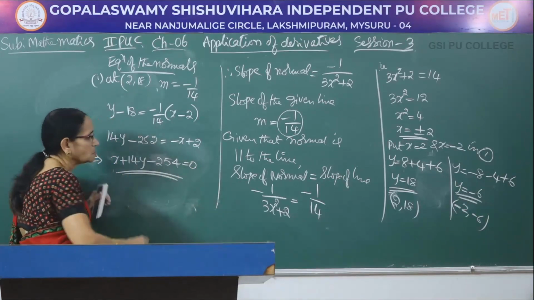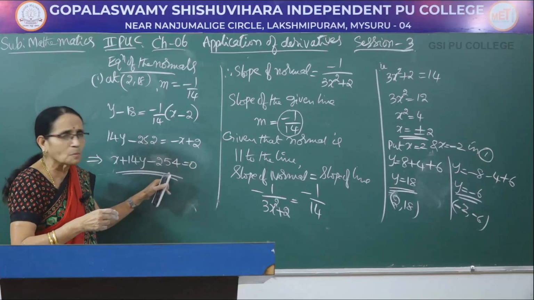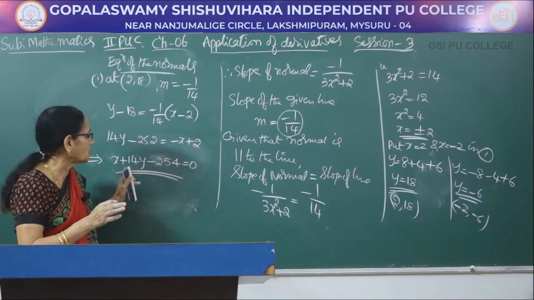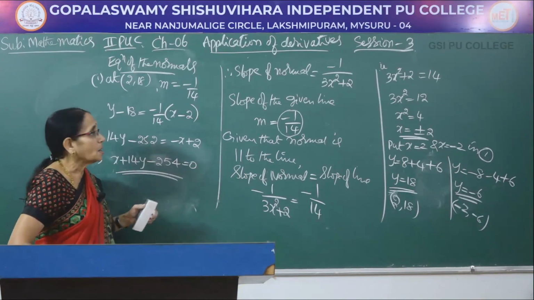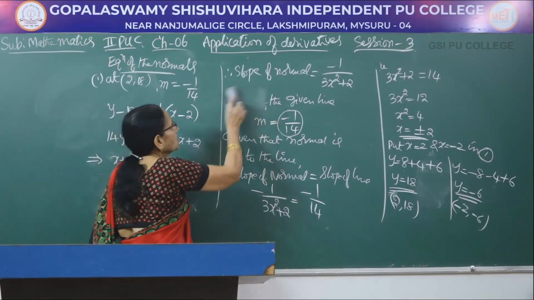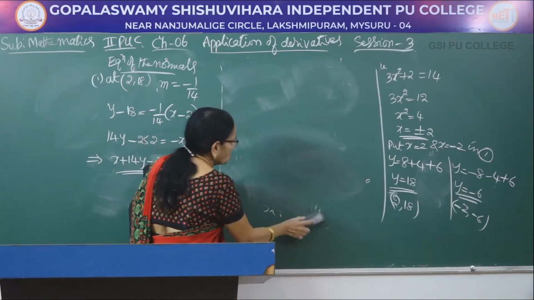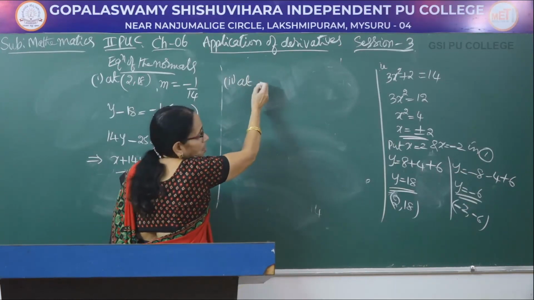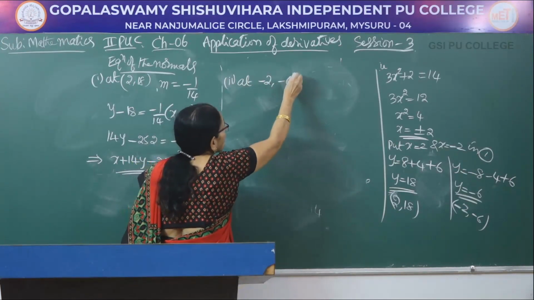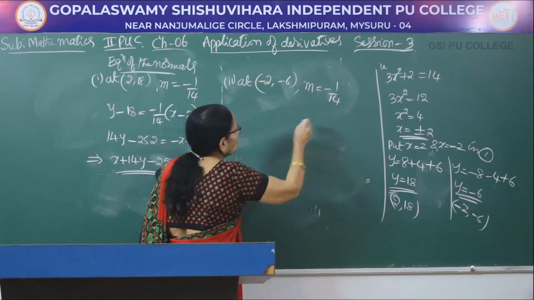You observe the equation of the given line was x plus 14y plus some constant. The lines are parallel means the first two terms remain the same and only they differ by a constant. Now let us move on to the equation of the next normal. So in the second point, at minus 2, minus 6, the slope is same number, minus 1 by 14.